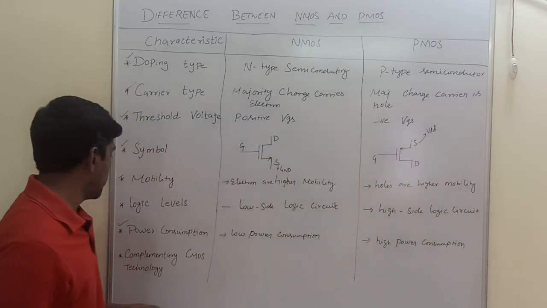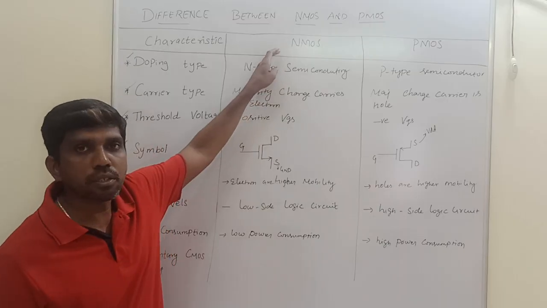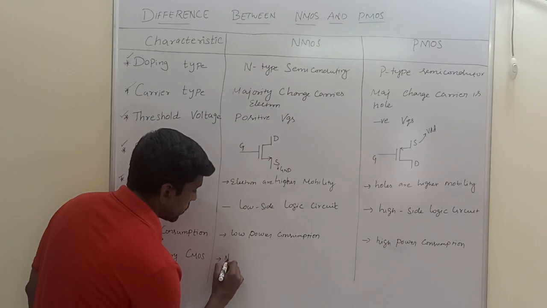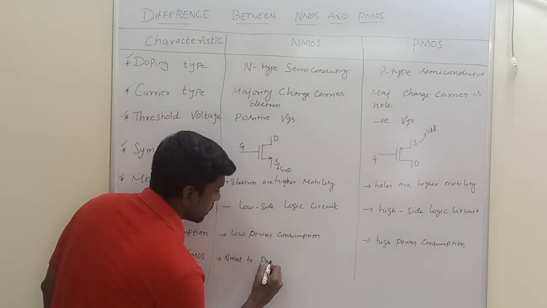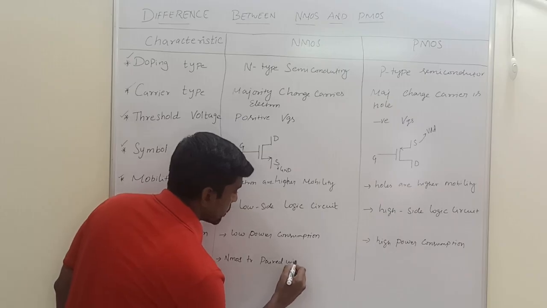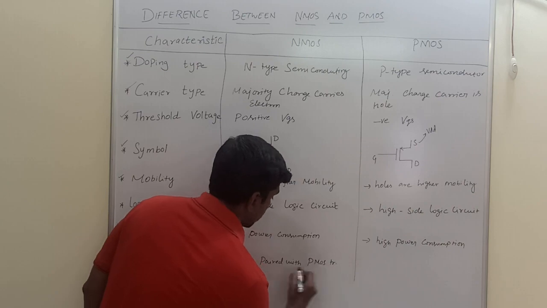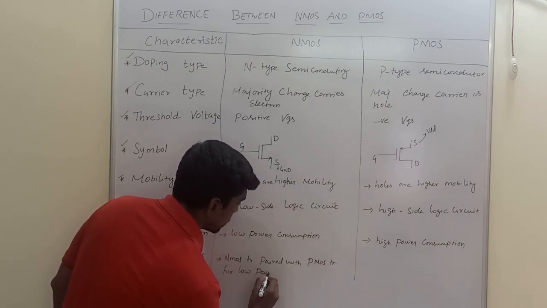Then the last point, complementary CMOS technology. In this, the NMOS transistor is paired with the PMOS transistor for low power consumption.